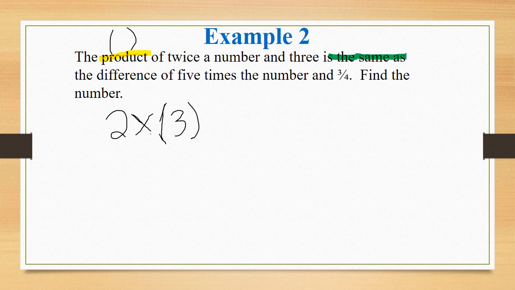Equals, perfect. So the same as means equals. So it equals the difference of 5 times the number and 3/4. So the difference means I'm doing what operation? Subtraction. Good job. So I'm subtracting something. I'm subtracting 3/4 from 5 times the number. So 5 times the number minus 3/4.